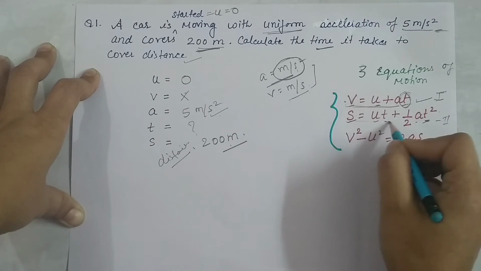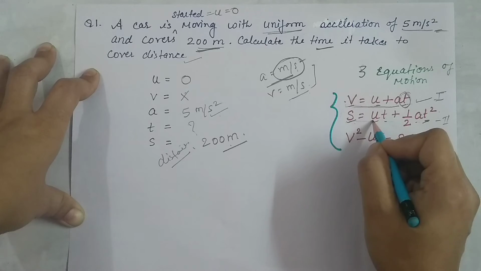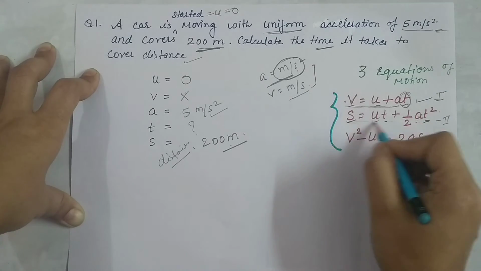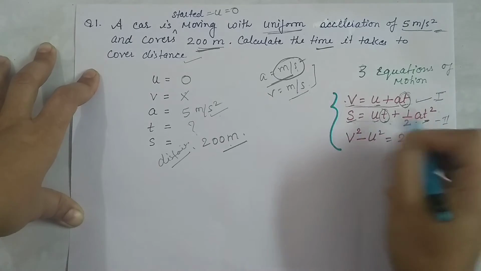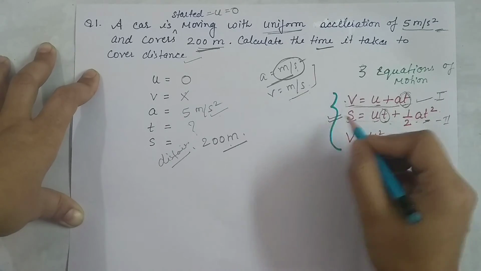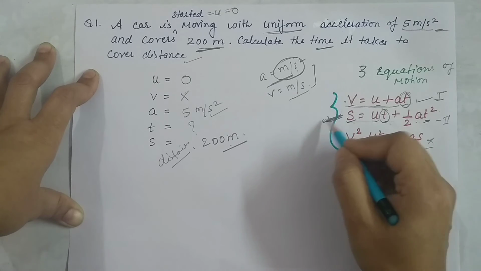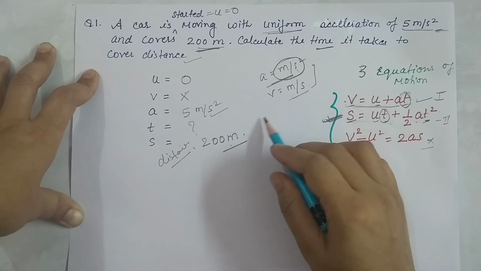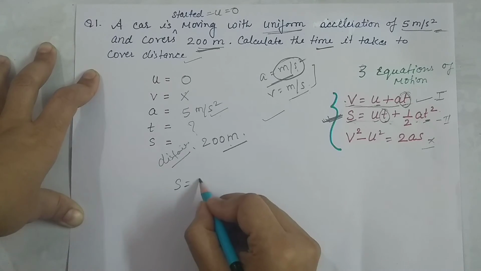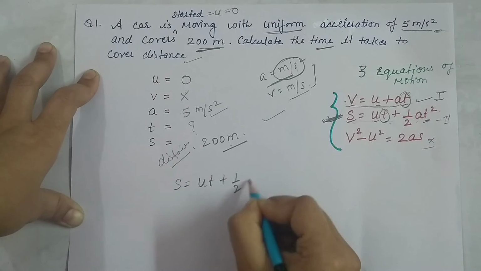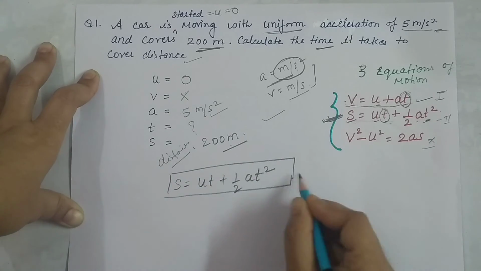So we can apply this equation. This is the most suitable equation for solving this numerical, so we apply s is equal to ut plus half at square.